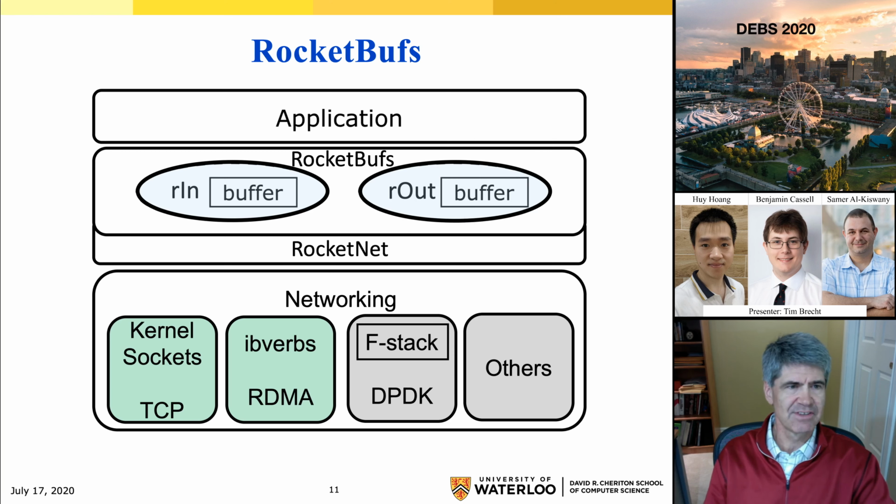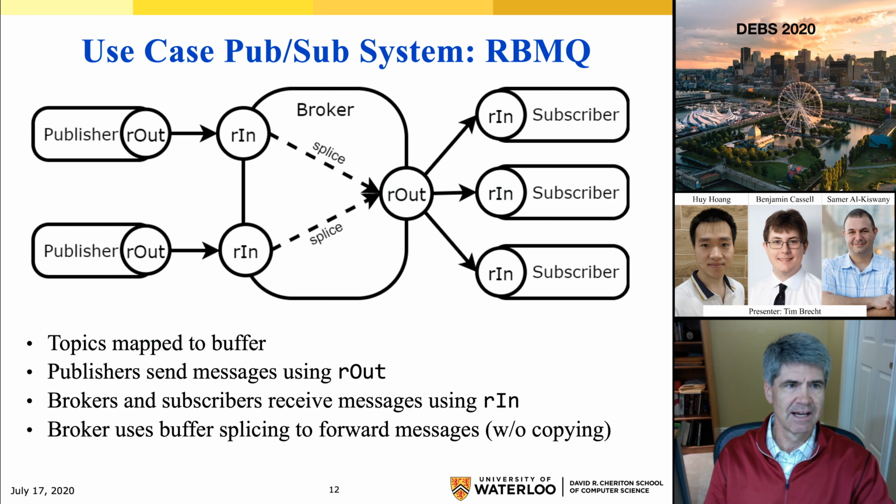Now, to demonstrate the usefulness of our system and to study its performance, we've studied a use case. Our application is a pub subsystem called RBMQ, for Rocket Buffer Message Queues. In this system, topics are mapped to buffers.